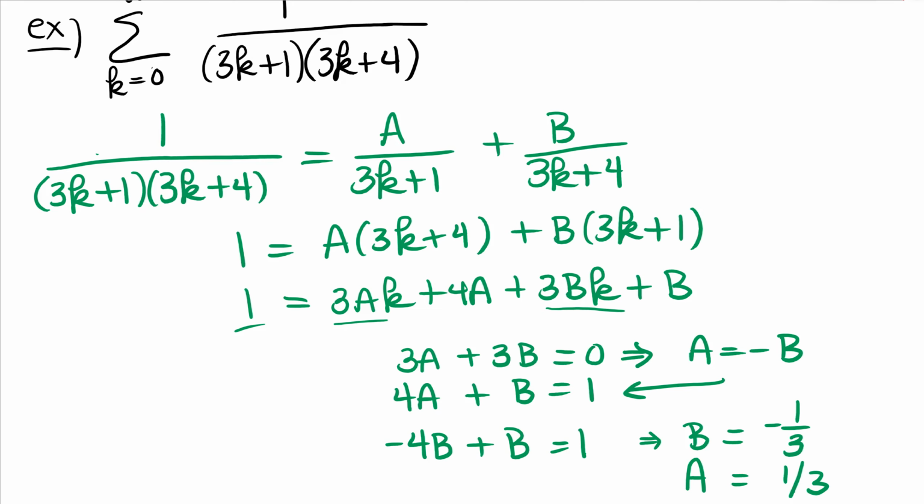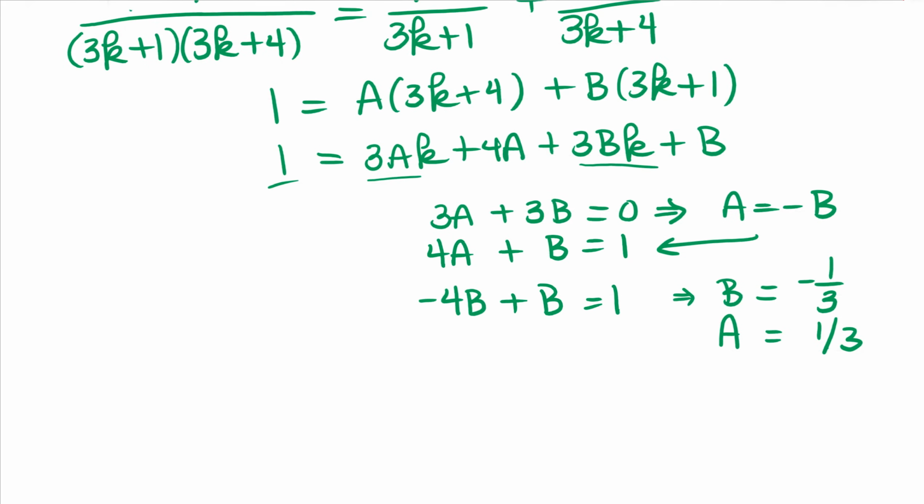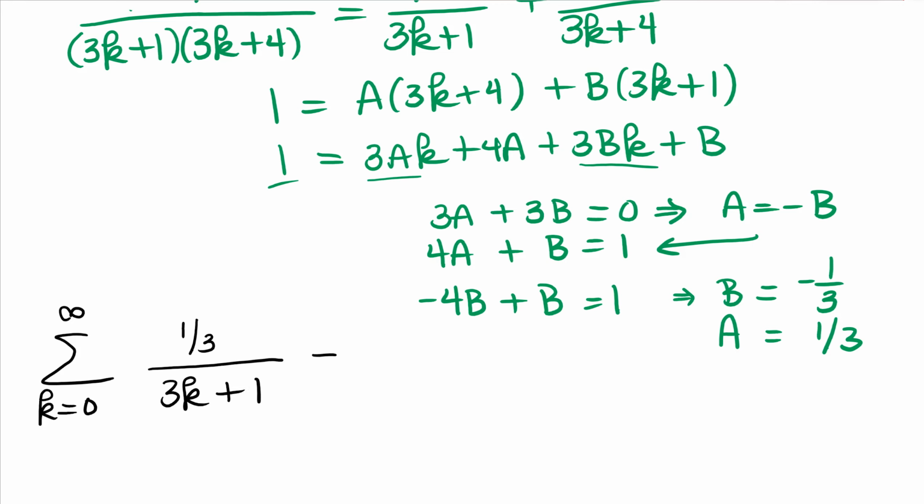Okay, so let's rewrite our series. Our series is going to go from k equals 0 to infinity, and I'm going to have 1/3 over 3k plus 1, and then minus 1/3 over 3k plus 4.